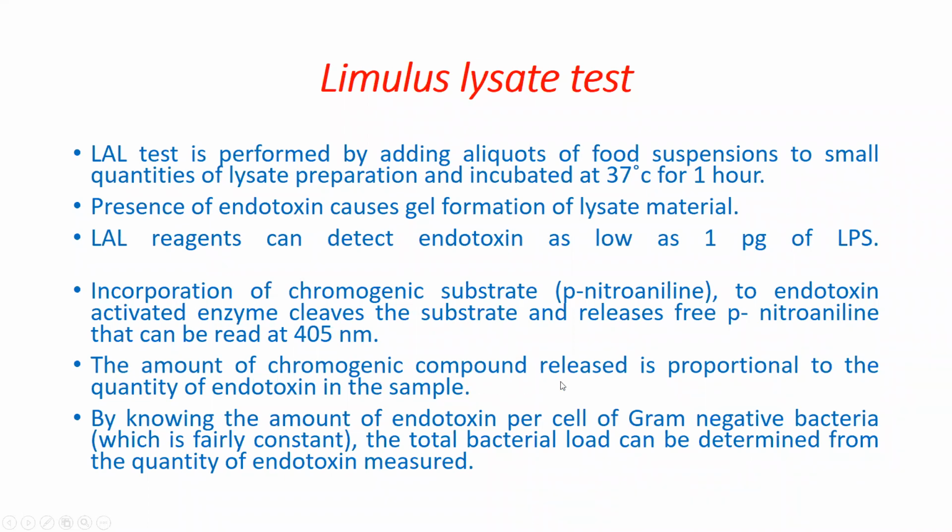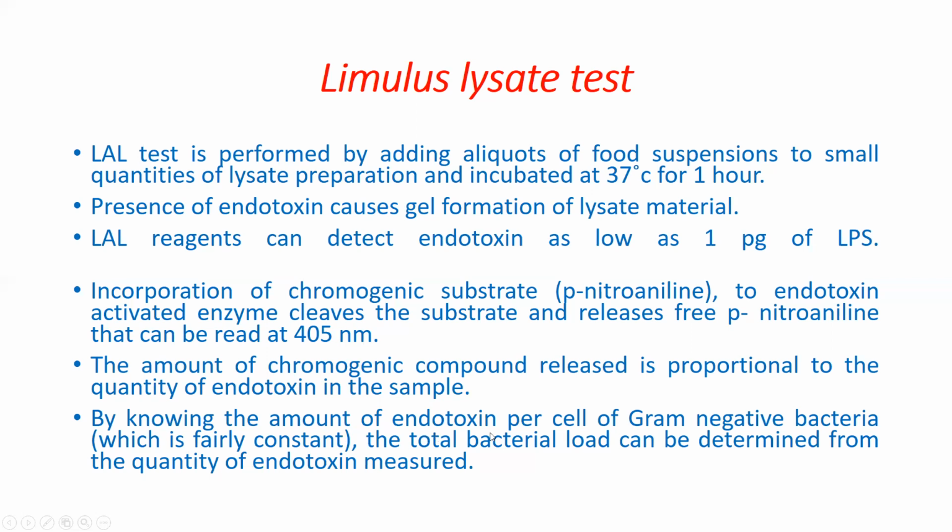The amount of chromogenic compound released is proportional to the quantity of endotoxin in the sample. So the more chromogenic compound released, that means para-nitroaniline, is proportional to how much endotoxin is in the sample.